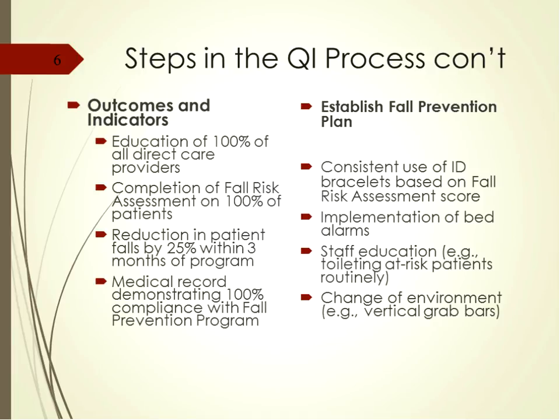This plan will include consistent use of identification bracelets based on the fall risk assessment score, implementation of bed alarms, staff education. For example, you'll want to toilet at-risk patients routinely, and change of the environment like vertical grab bars.